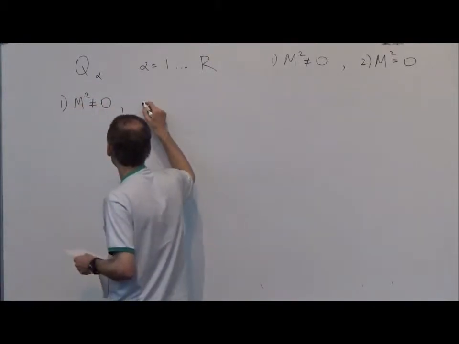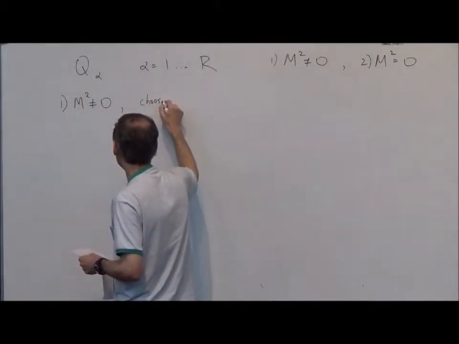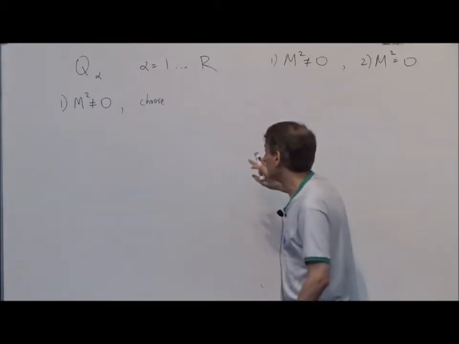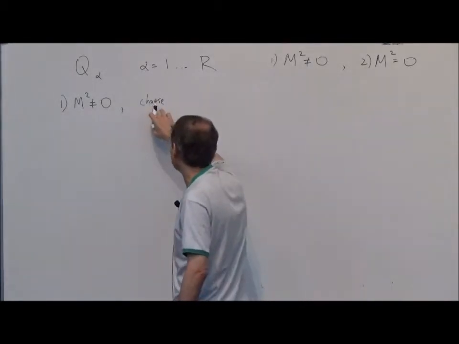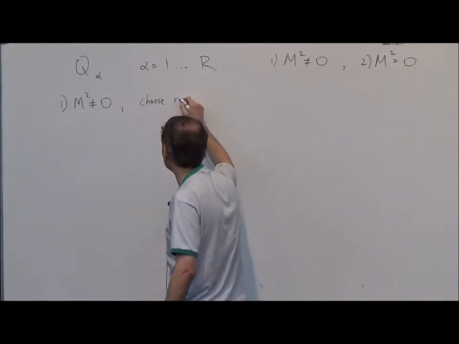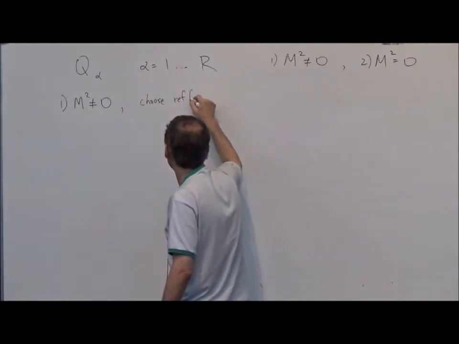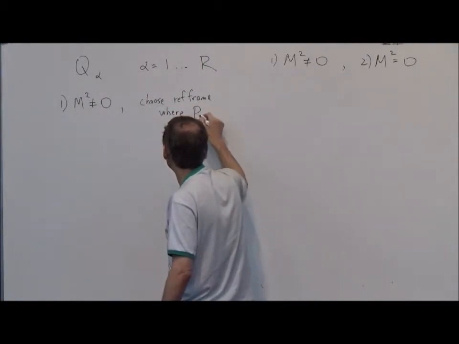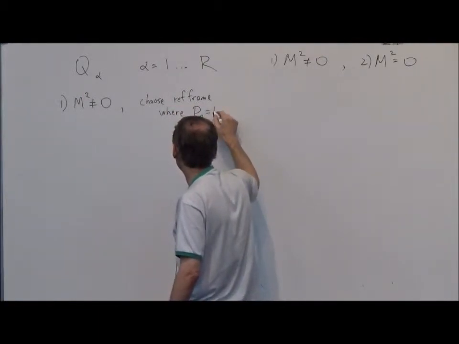In this case, we're going to choose a Lorentz frame. We're just interested in counting states. We're not interested in writing a covariant Lagrangian. So we just want to know how many states we have, so we can choose a reference frame where P0 is non-zero, so this is equal to m, and all the other P's are 0.